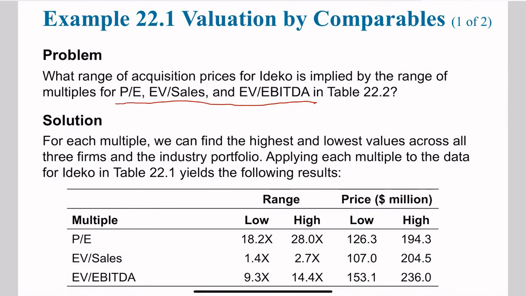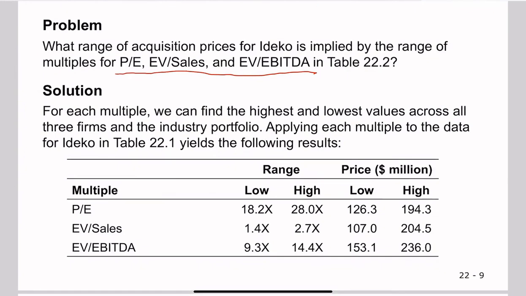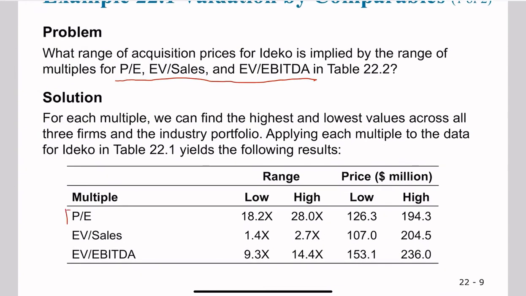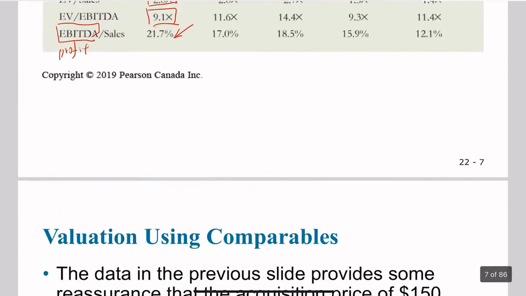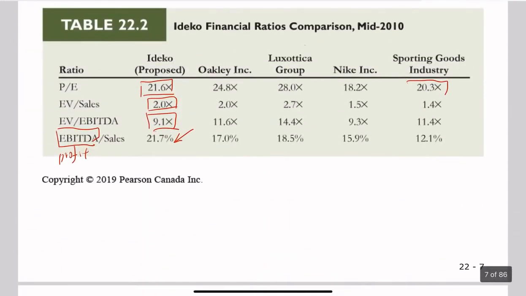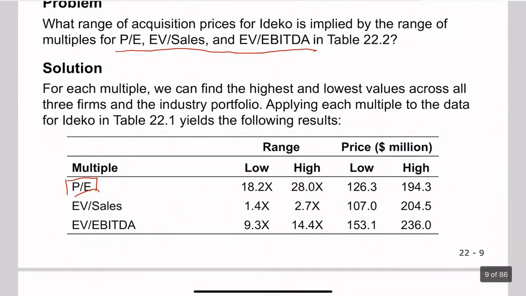So what's the idea here? Let's say you have the PE ratio. From the previous table, you can see that the lower range of PE ratios is 18.2 and the higher range is 28.